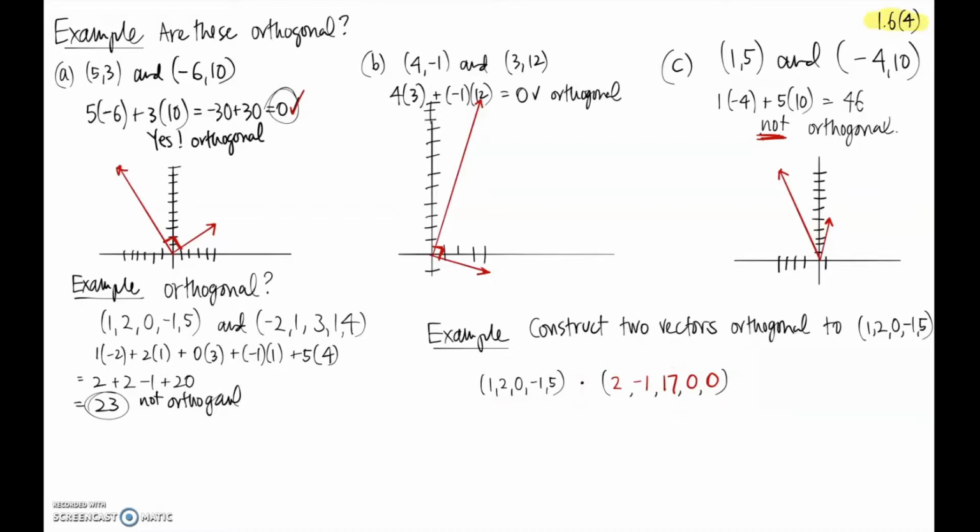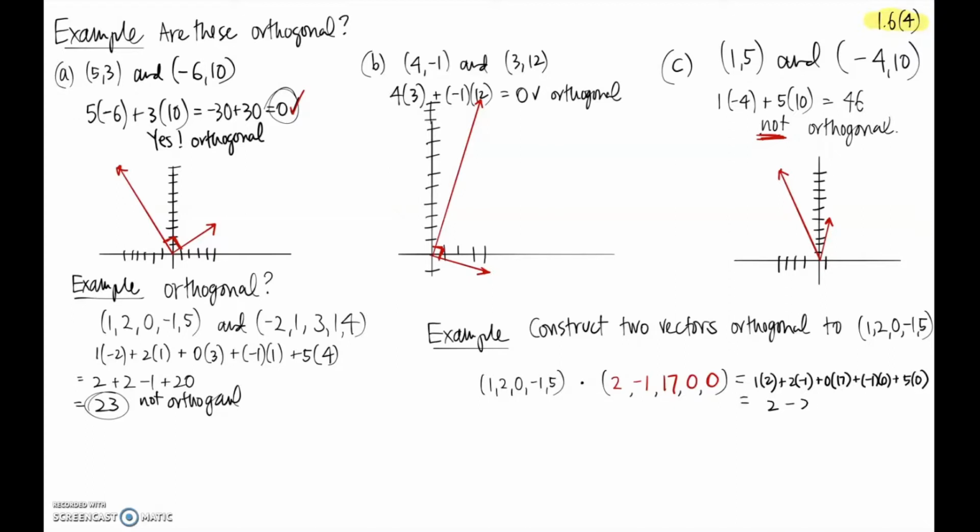This looks like a vector that when we take the dot product with this one will give us 0. Let's double check. The dot product will be 1 times 2 plus 2 times -1 plus 0 times 17 plus -1 times 0 plus 5 times 0.